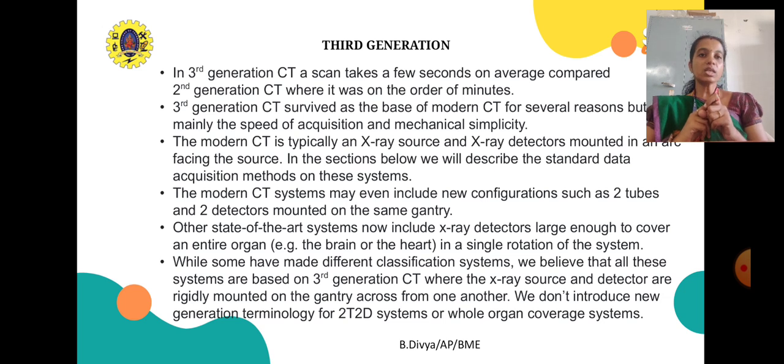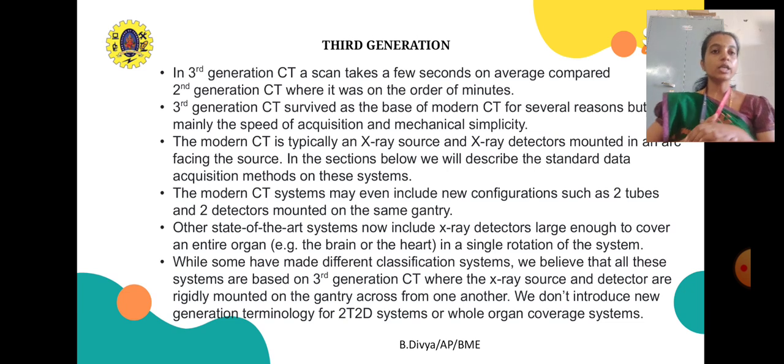The modern CT is typically an X-ray source and an X-ray detector mounted in an arc facing the source. The modern CT systems may even include new configurations such as 2 tubes and 2 detectors mounted on the same gantry.